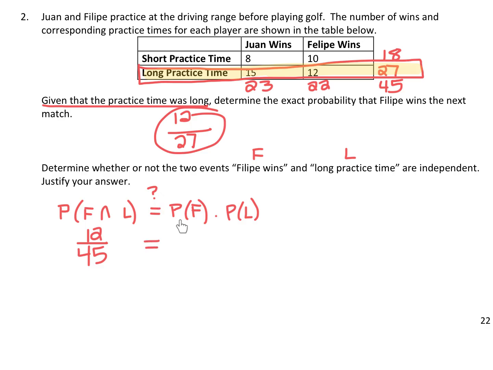Now, the probability that Felipe wins. Well, Felipe wins a total of 22 times out of the 45 games altogether. So 22 out of 45. Okay, and then the probability of the practice being long, well, altogether there are 27 long practices out of the 45.